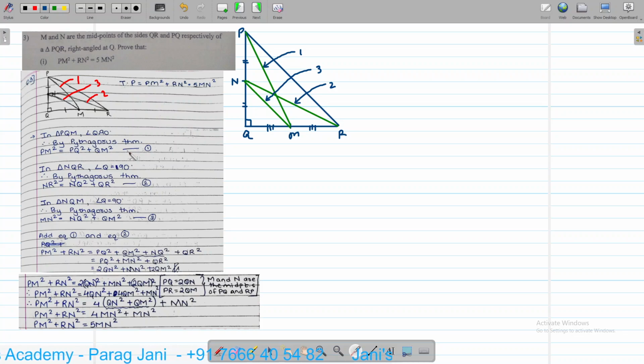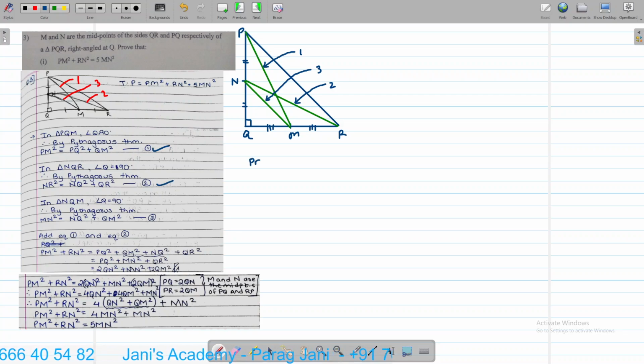Now you have to add the first two. The reason why, you are looking for PM square plus RN square. So PM square plus RN square, you need to add it. Now you are adding 1 and 2.